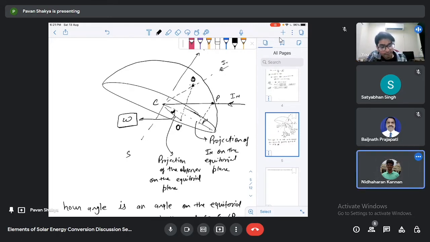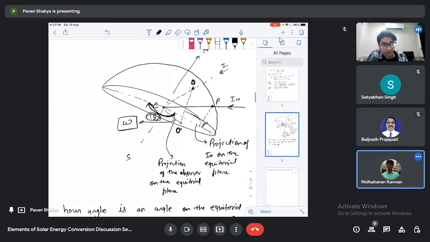That is why the hour angle will change. So from this figure we can see that this hour angle will vary from this to this point. Similarly, it will happen in the opposite direction. So this is our 180 degree that I was saying.